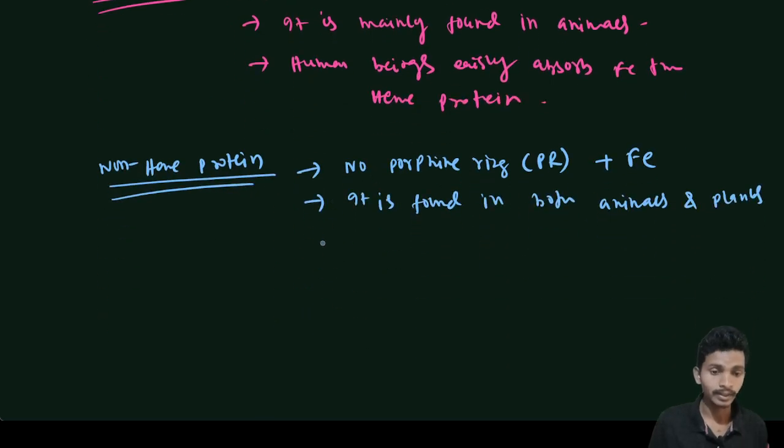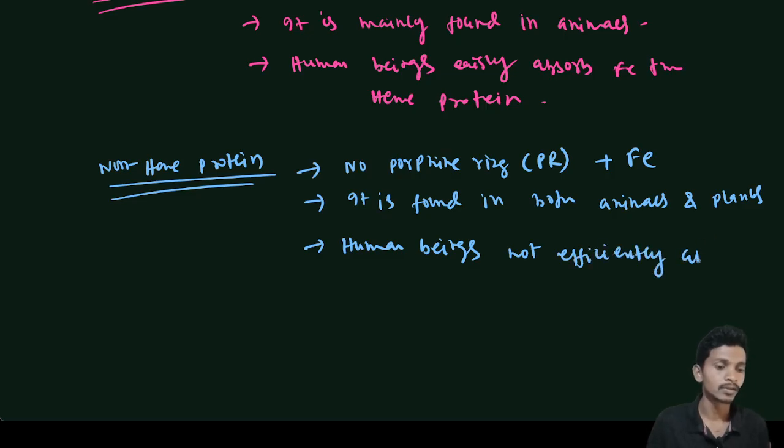Human beings do not easily or efficiently absorb iron from non-heme proteins.